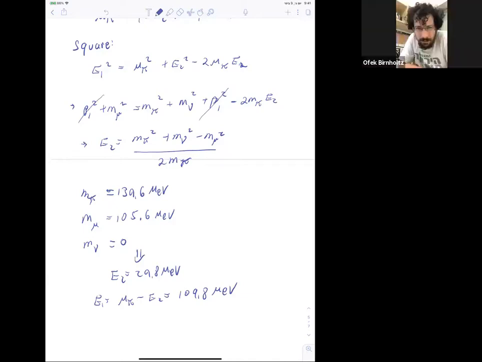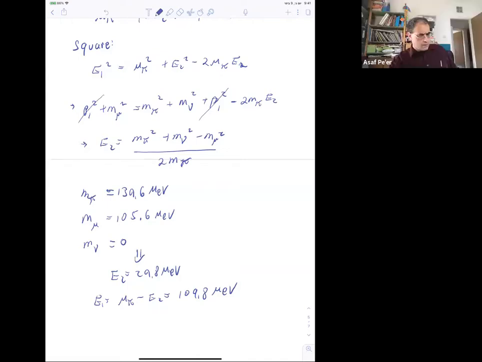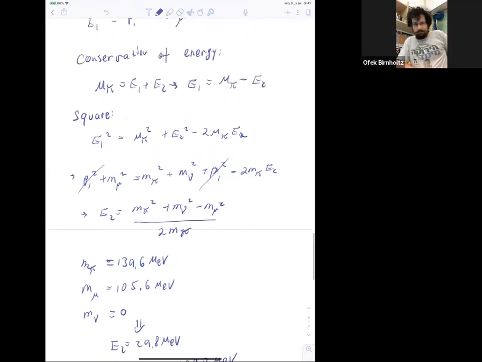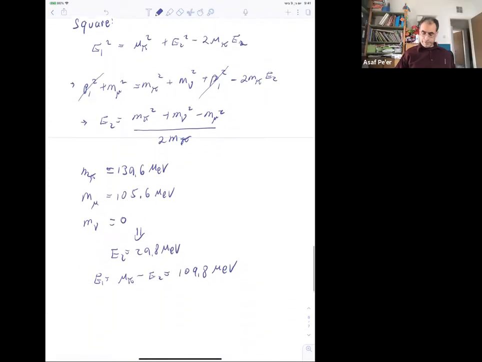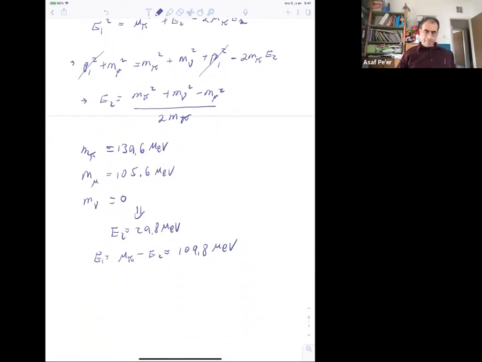How can it be less than the rest mass? Sorry, E2 is of the neutrino, not the muon. Oh, okay. The muon neutrino. Okay. And the rest mass we just said is 0. Okay.